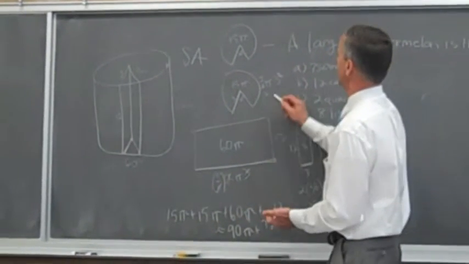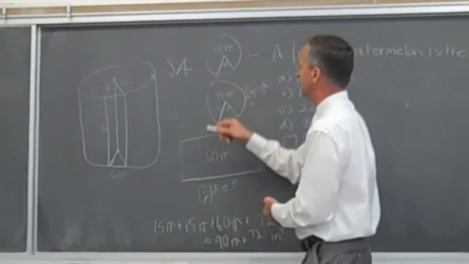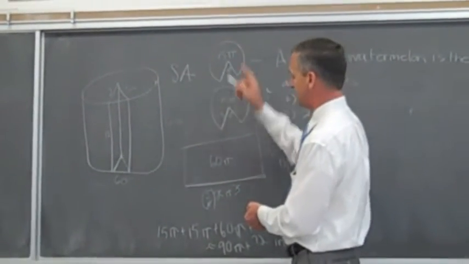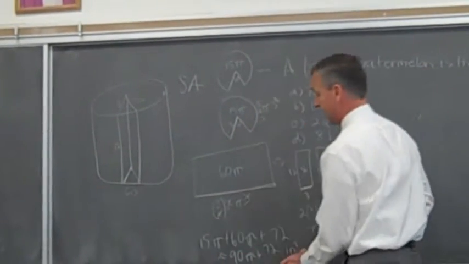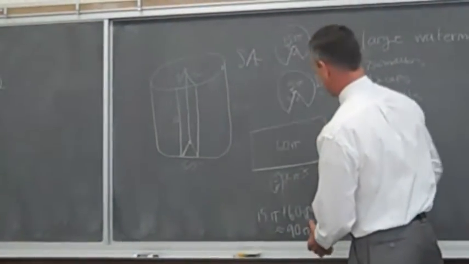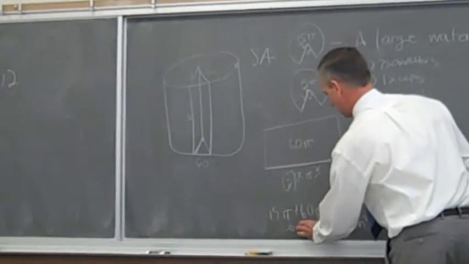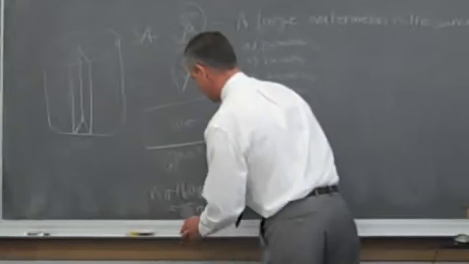Because I can see you've got everything. There's just that we forgot to take 15 over 2. So 15 over 2 and 15 over 2, that means there's only one of those, right? Yeah. So that should be instead 75 pi plus 72. Thank you.